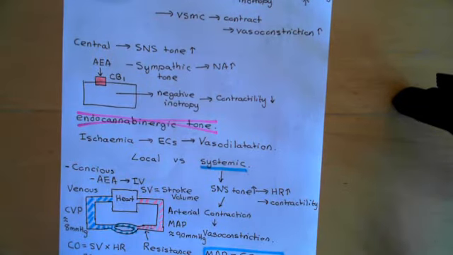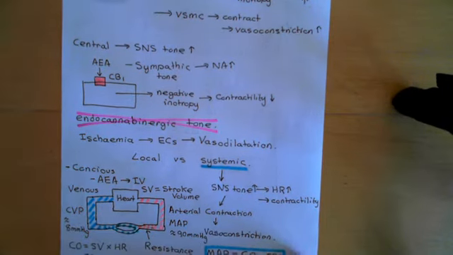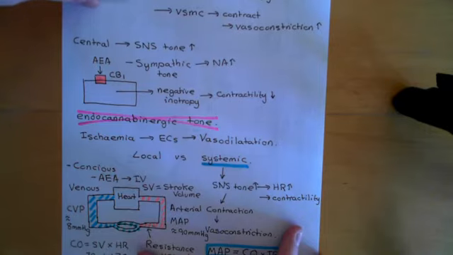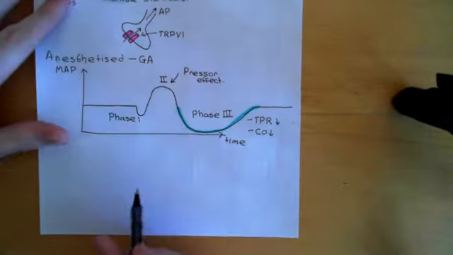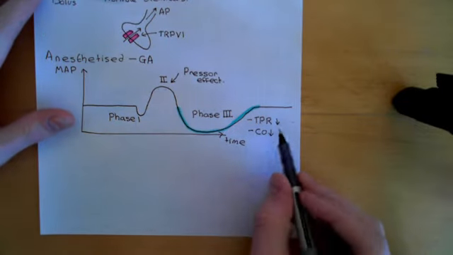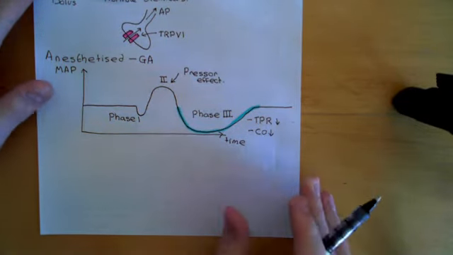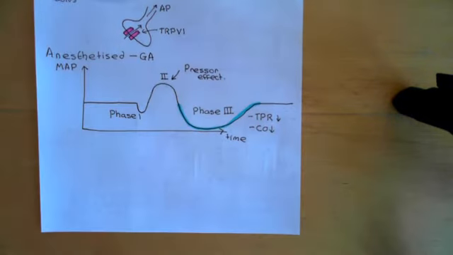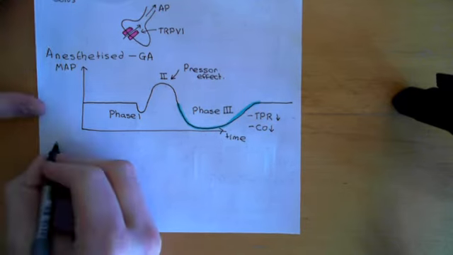Okay, so without the rise in central sympathetic tone due to the cannabinoids, because we blocked that with the general anesthetic, basically a systemic injection of cannabinoids does produce a prolonged depressor effect, which is caused by total peripheral resistance going down and cardiac output going down, which are the two things which control mean arterial pressure.